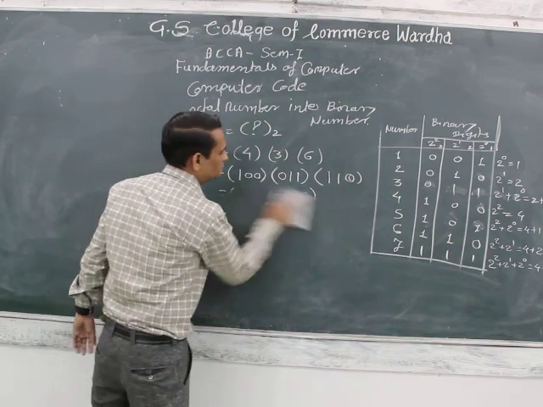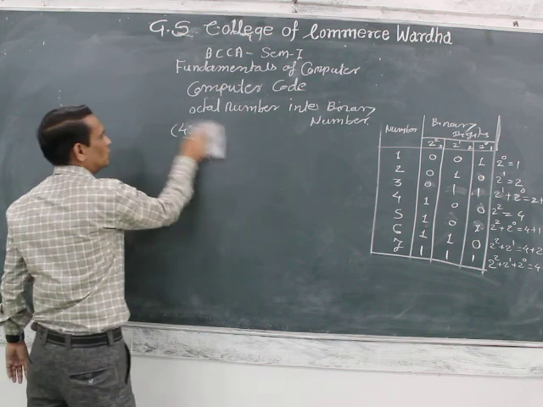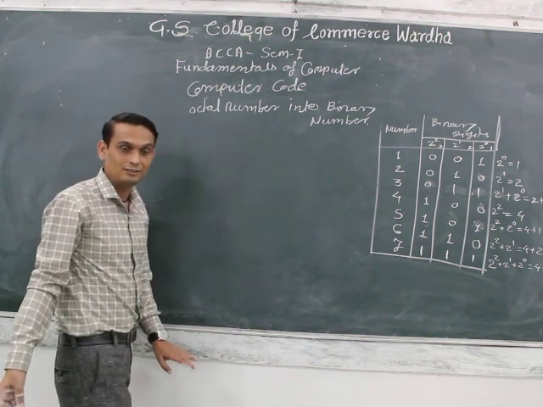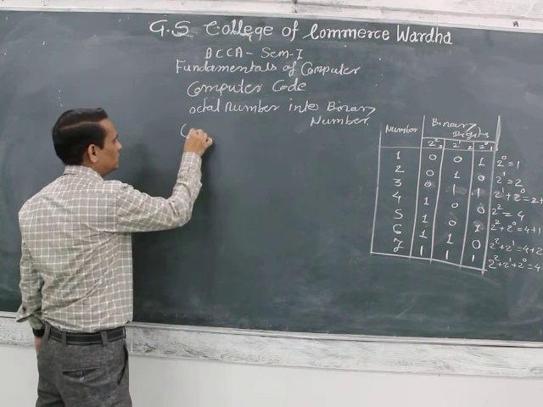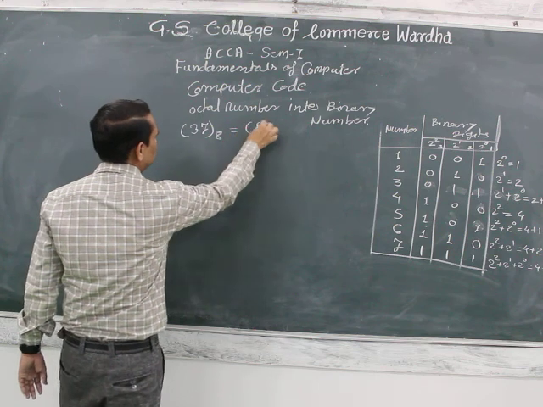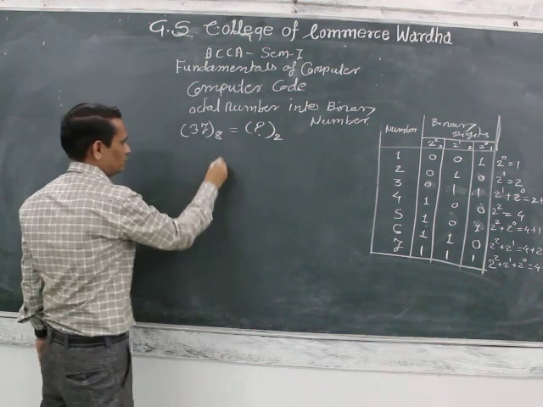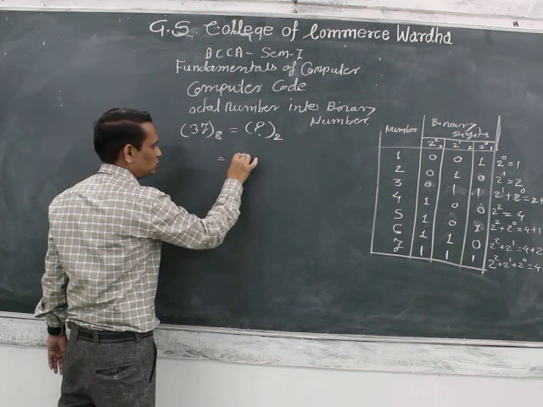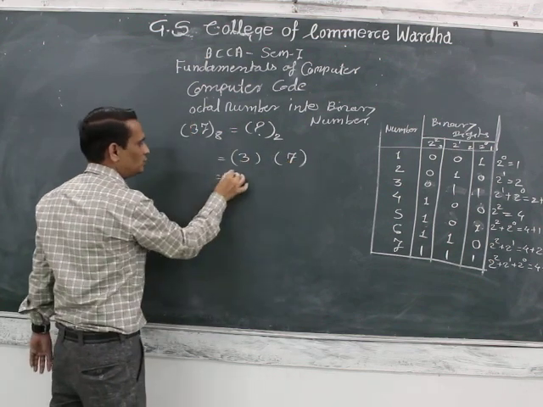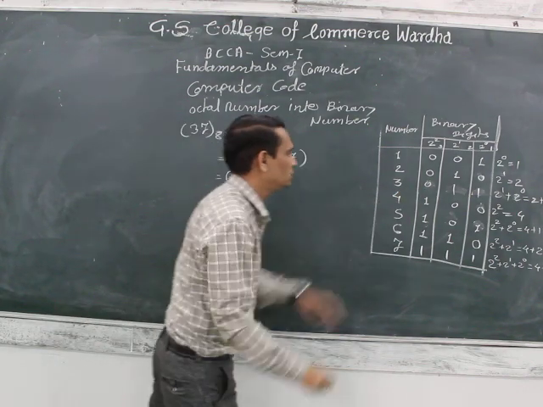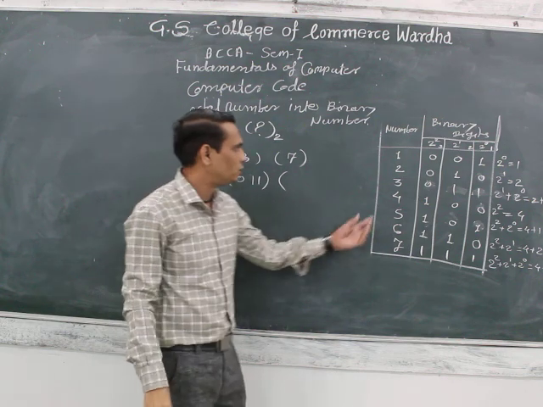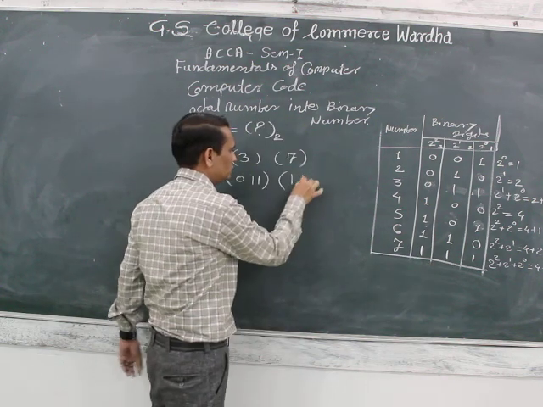Another example for converting an octal number to binary: 37 octal equals to binary. So we have 2 digits, 3 and 7. 3 will represent 0, 1, 1, and 7 will represent 111 in binary.